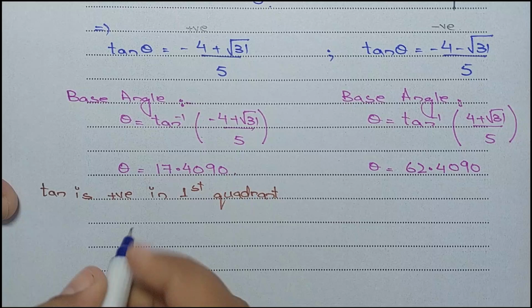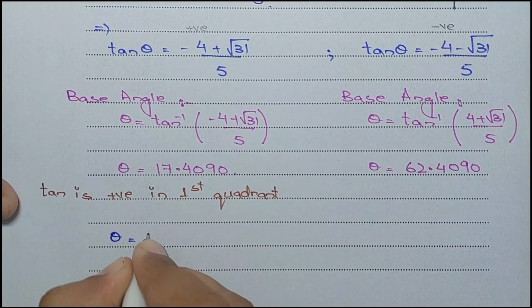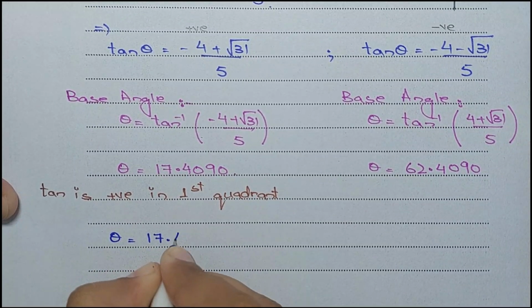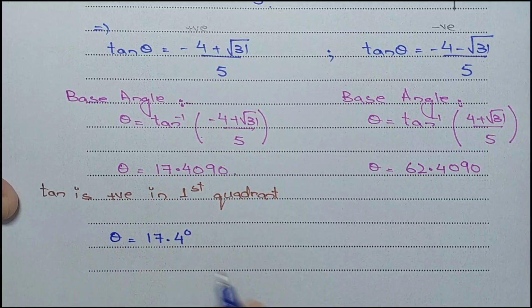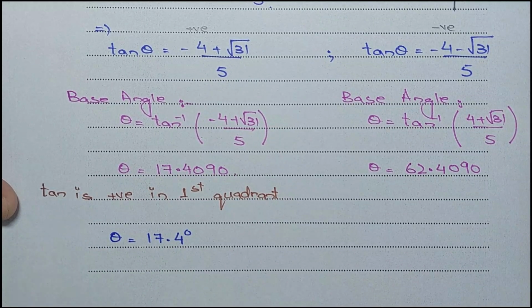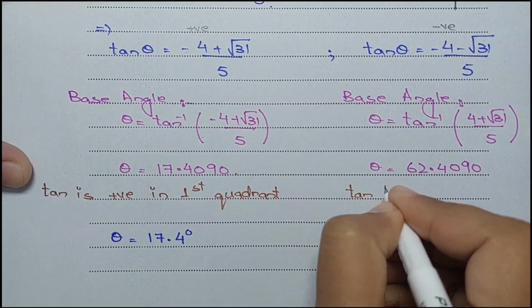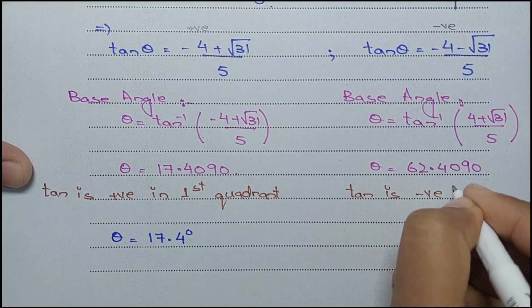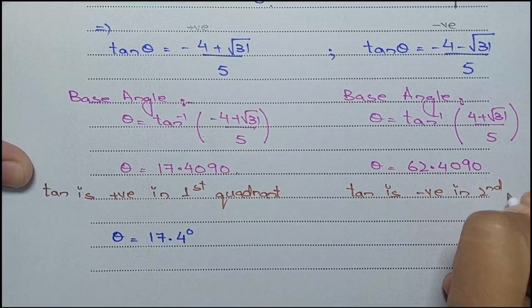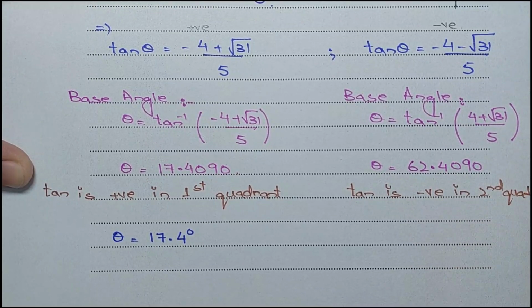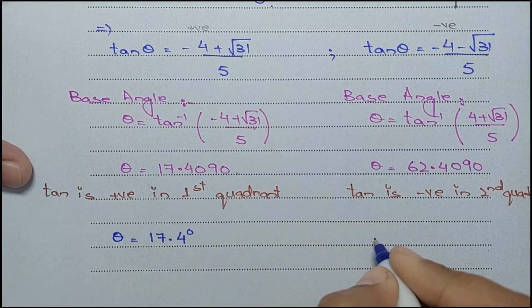So what is the value for theta? Theta is equal to the base angle, which is 17.4 degrees. We can say this is the first solution, and the second solution says tangent is negative. Here tangent is negative, right? So tangent is negative in the second quadrant. So what is the answer for theta?